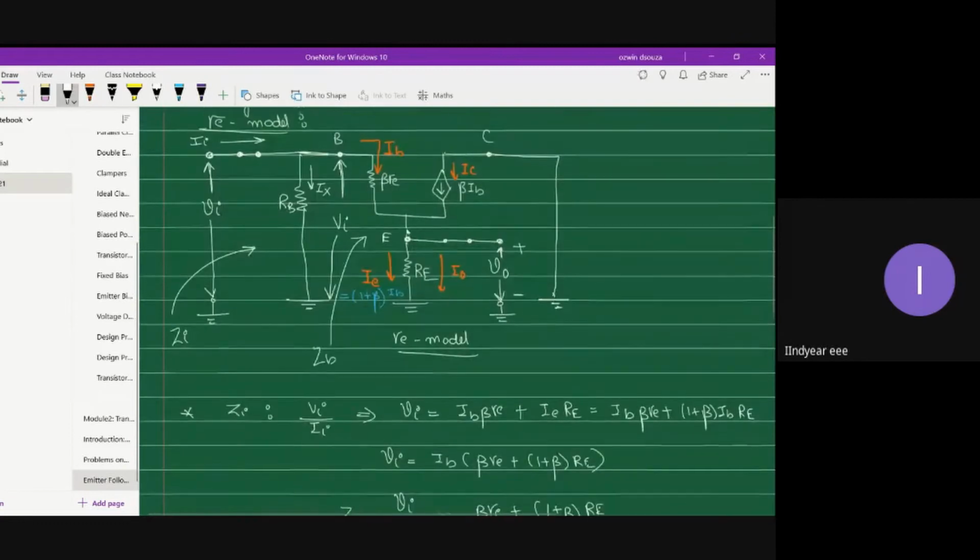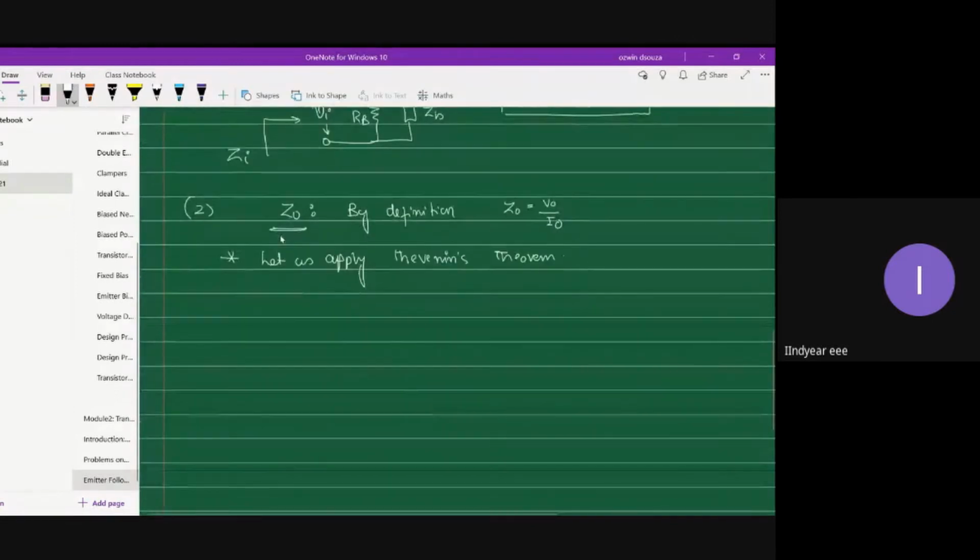You have a current source and you also have a voltage source on the input side. So as per Thevenin's theorem, let us short circuit VI and open circuit beta IB.